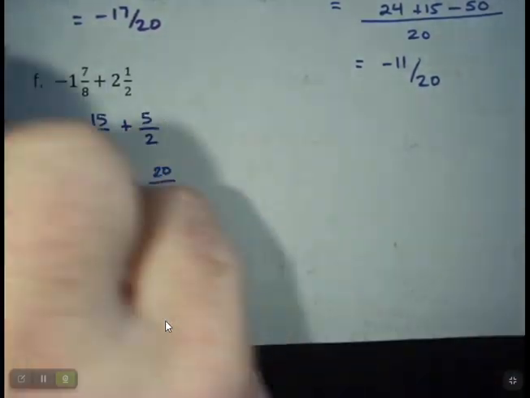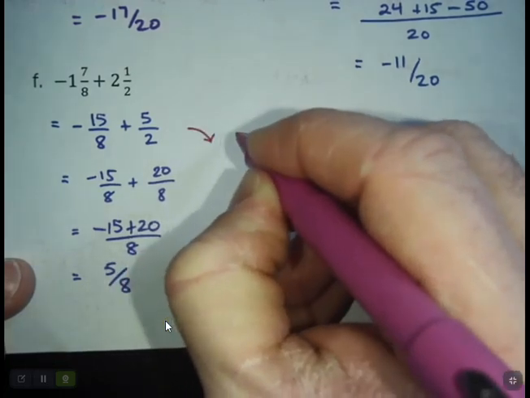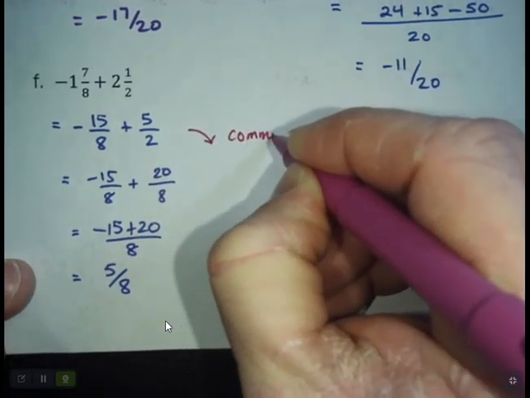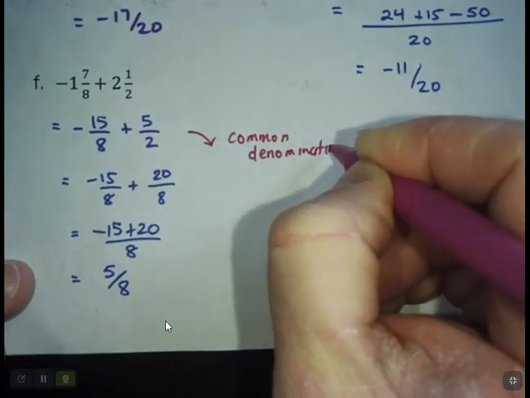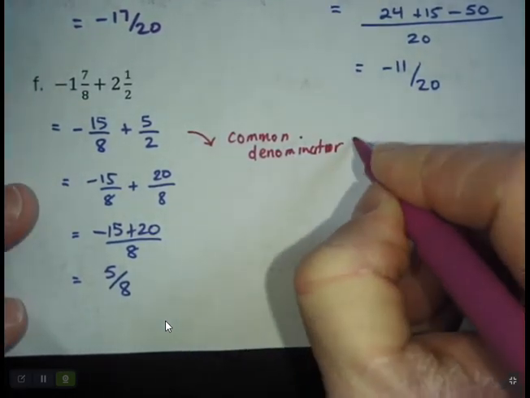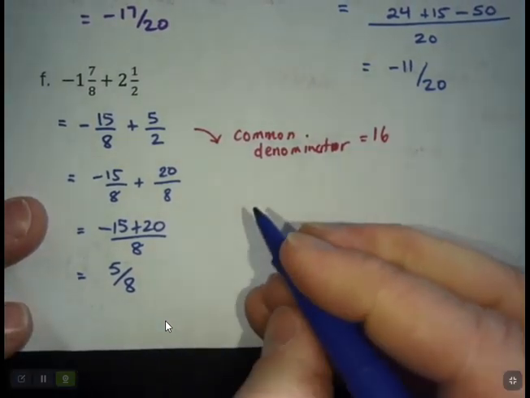You may have done something a little bit different. Maybe you said your common denominator was 16. That is okay. So what would that look like?